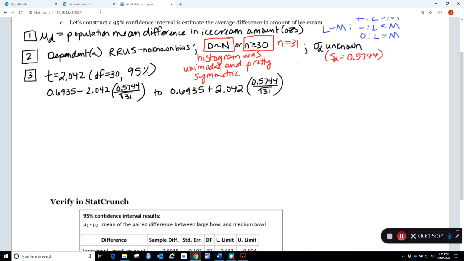Now again, it's just more of making sure you do your order of subtraction and order of operations here correctly. So I'm going to be doing what's in parentheses here first. Which should give me 0.103165. And that's going to give me the same thing here on the other side.